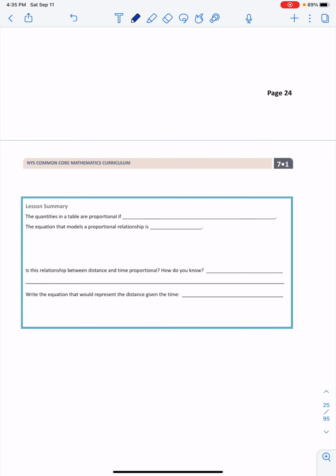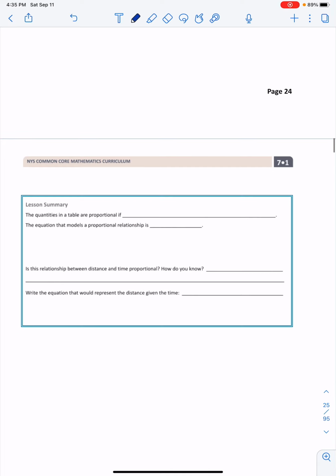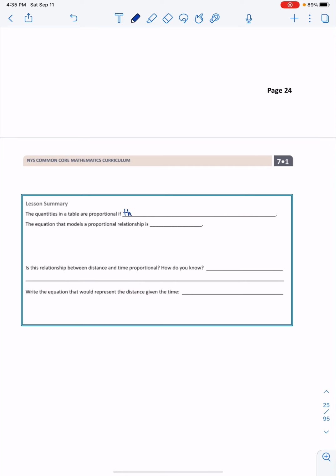So in our lesson summary, the quantities in a table are proportional if the ratios simplify to the same number.